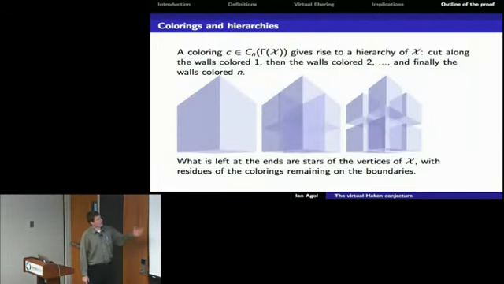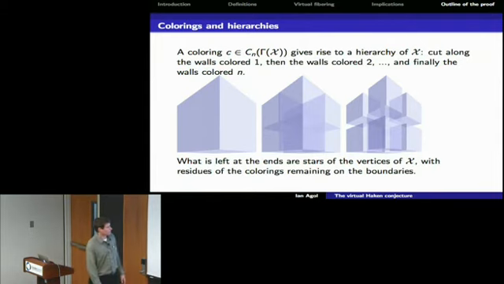A coloring gives rise to a hierarchy of the complex. You take your cube complex, and you have all these hyperplanes, which are drawn here, and then you cut along these hyperplanes one at a time. What's left at the end are just stars of the vertices, and you have the residues of the colors remaining on the boundaries. That was this Rubik's Cube picture that I had earlier.